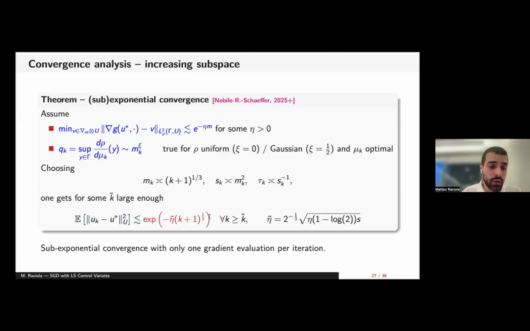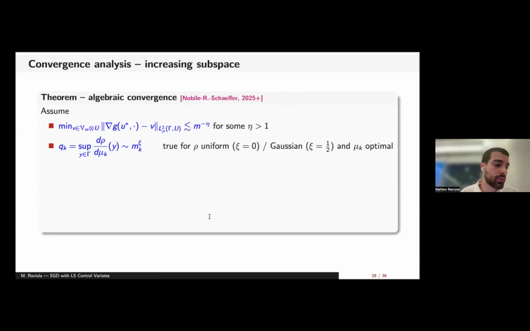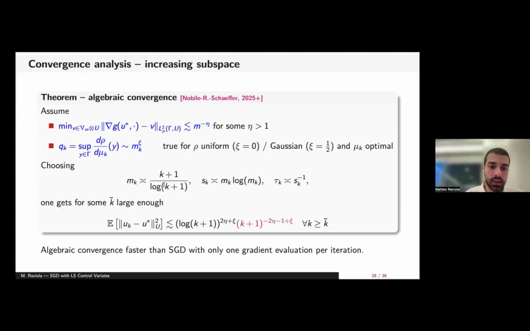But here we have a continuous rho. So we also have the corresponding results in the case where the approximation error decays only algebraically with rate eta. Again, we have the same assumptions regarding this weight qk. In this case, we choose slightly different scheduling functions, as you see here. Curiously, sk is growing like k, and tau k is 1 over k.